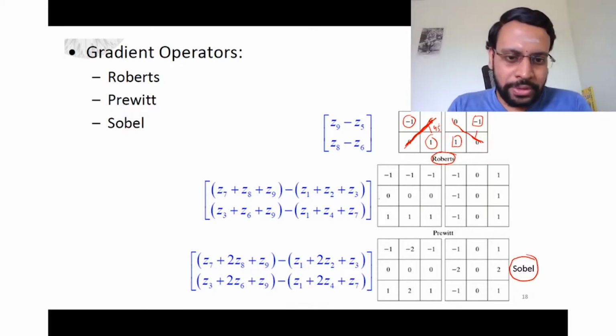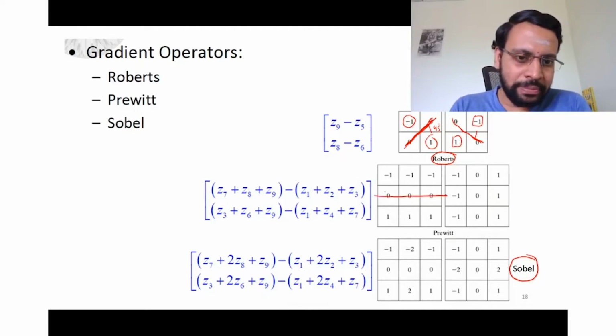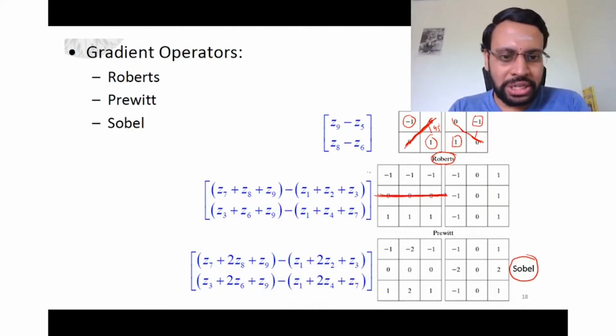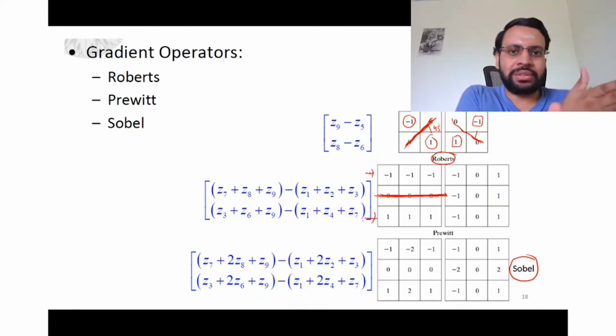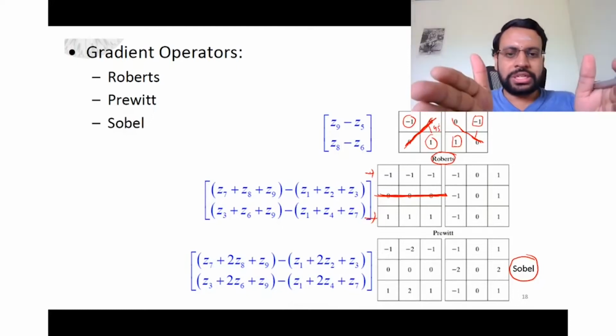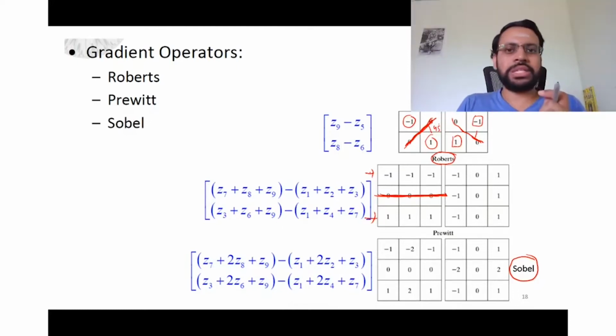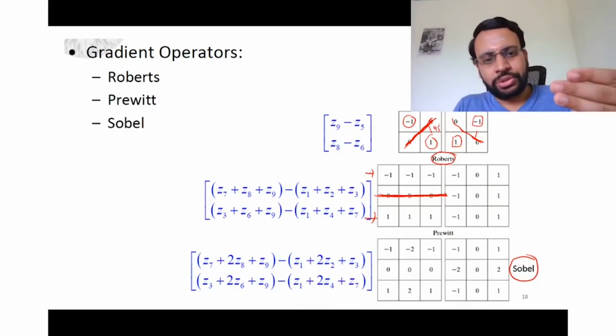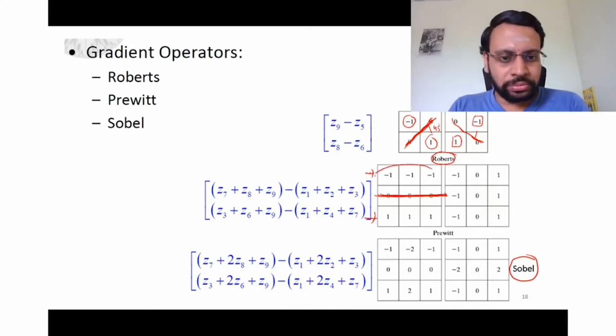For example, assume that you have an edge here. So what would happen if it is a horizontal edge? In this row and in this row, compared to that, there is a transition of intensities. So what you are going to do now is take minus 1, minus 1, minus 1 here, and 1, 1, 1 here. Essentially, when you are correlating with this mask, this is equivalent to subtracting these intensities with this.